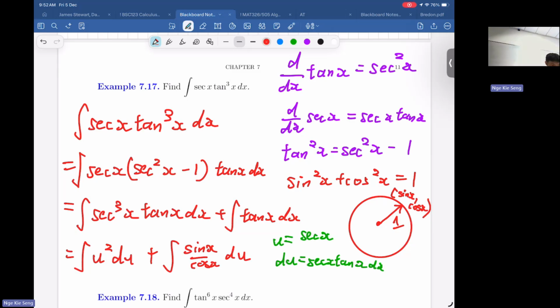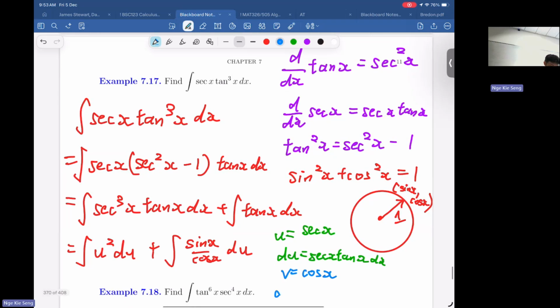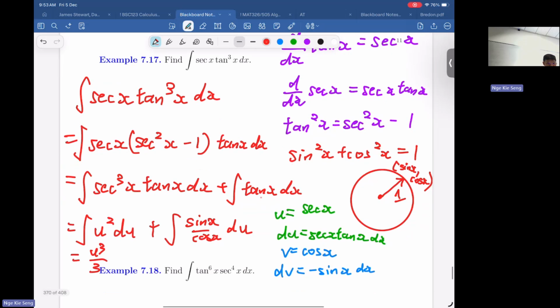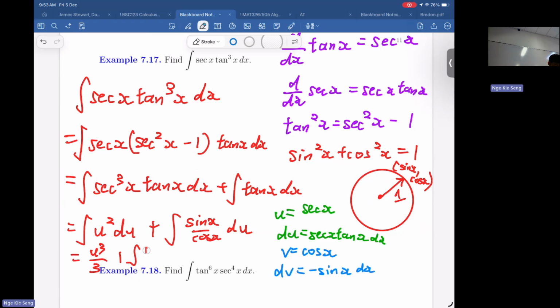If you substitute cos x, you will get negative sine x dx. So on one side you get u cubed over 3, and on the other side you get minus 1 over v dv.